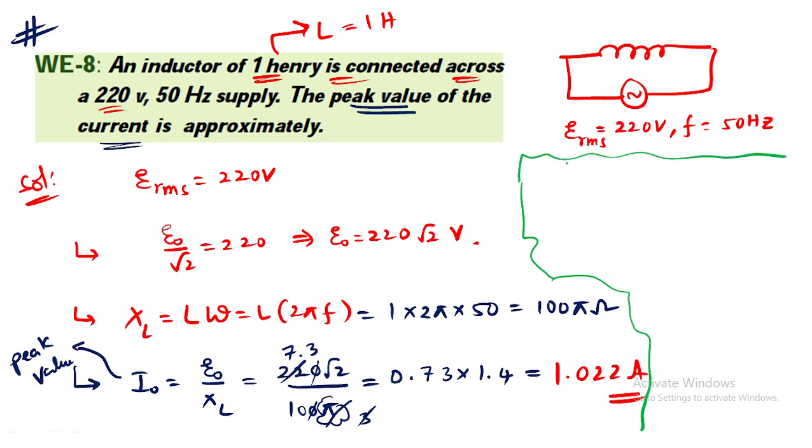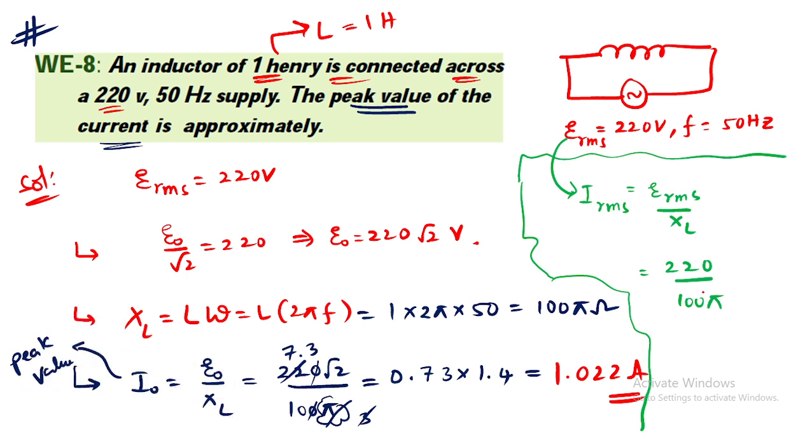Very good. Happy. Here, if I ask you IRMS, how do you calculate IRMS? ERMS divided by XL, that's it. Find out 220 divided by XL, how much? XL means not that XL, XL means this XL.